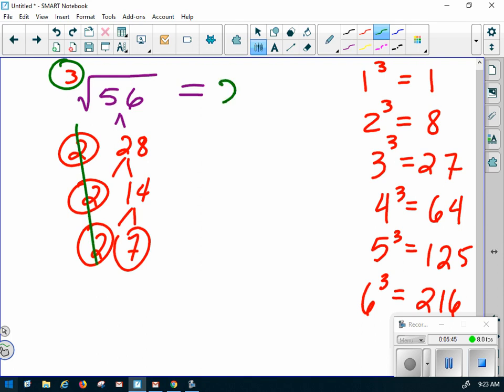So the 2 is going to come out. Now the 7 does not have 2 7s to play with, so he's got to stay home. But what's the address of the house? Cube root is the address of the house. So you're going to write 2 times the cube root of 7. And that's all there is to it.